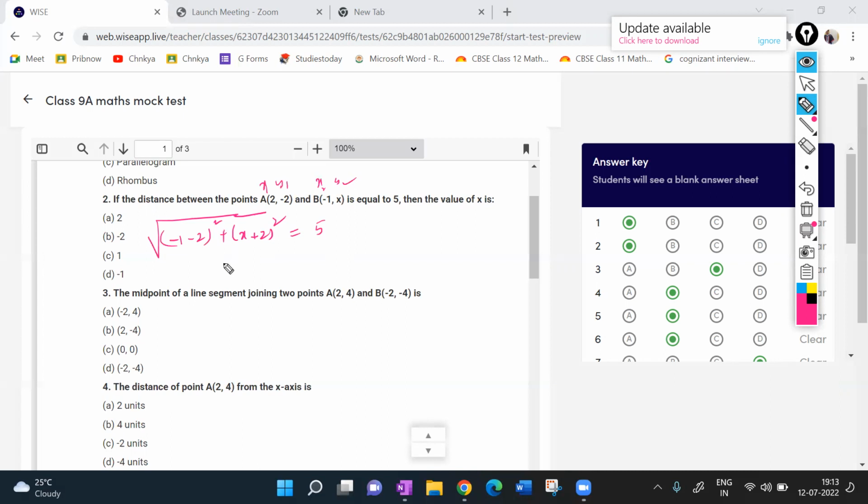To get rid of this square root, I square both sides, using a plus b whole square equals a square plus b square plus 2ab, is equal to 25. So x square plus 4x, here square root will get cancelled. Okay, you did squaring on both sides, right? So plus 14 is equal to 25. X square plus 14x minus 11 is equal to 0.